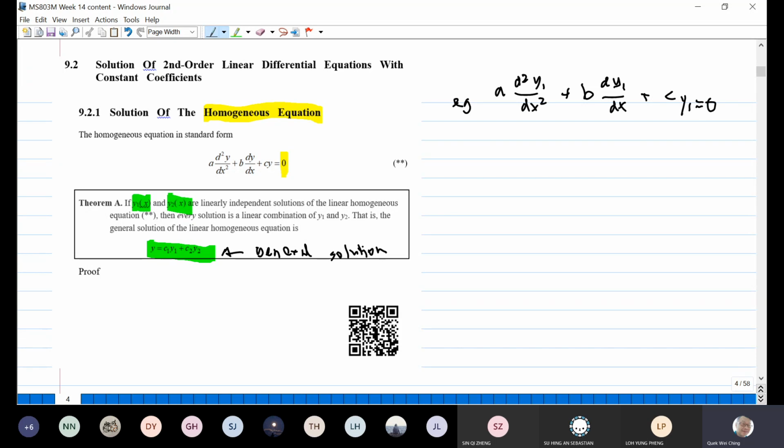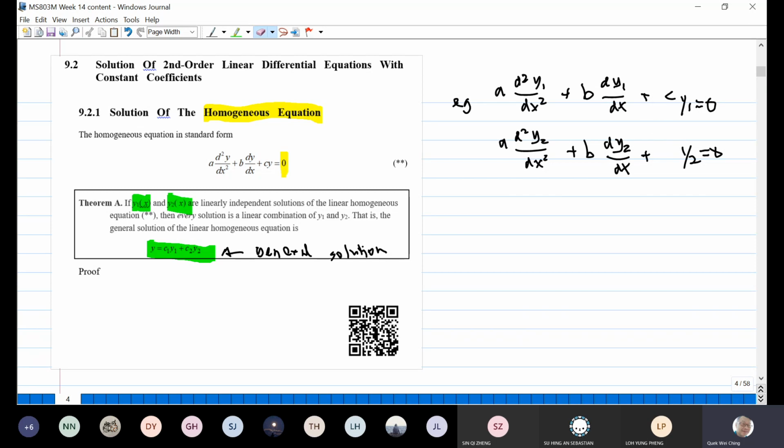Okay, and also for y2, suppose y2 is another solution: a d2y2 over dx squared plus b dy2 over dx plus c y2 equals 0.